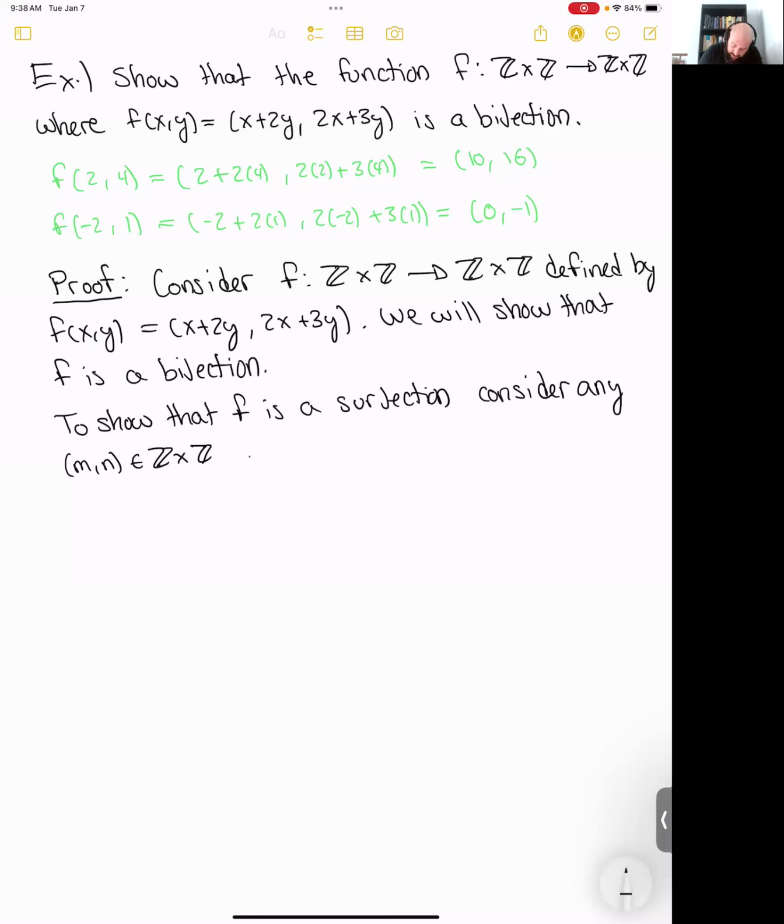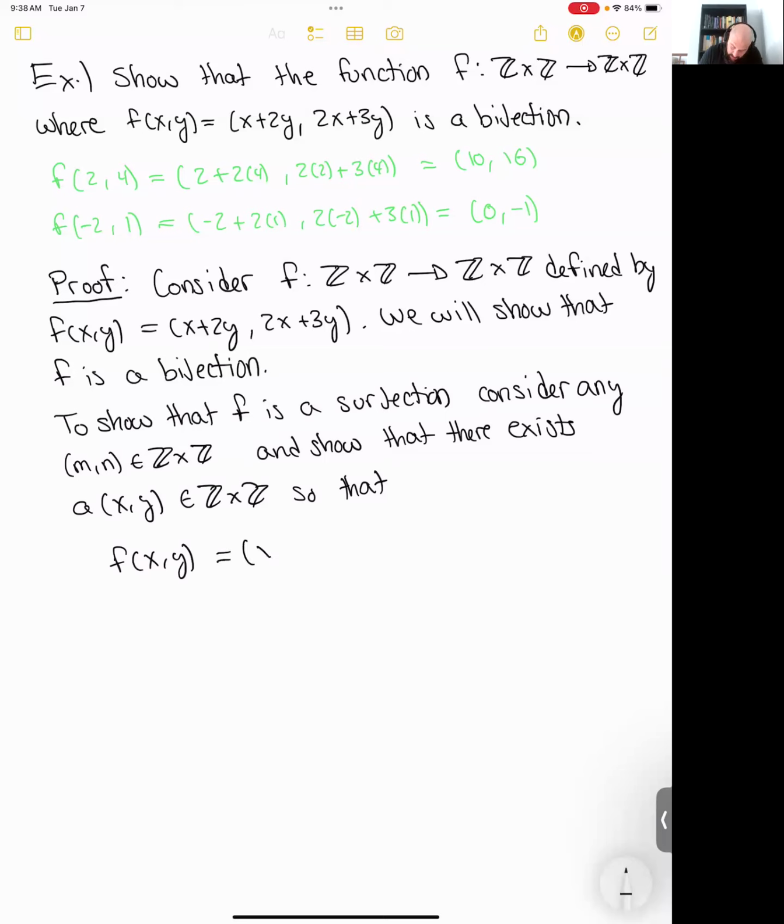So now I consider any m comma n in Z cross Z and show that there exists an x comma y in Z cross Z so that f of x comma y, which let's just remember is equal to x plus 2y comma 2x plus 3y, equals m comma n.